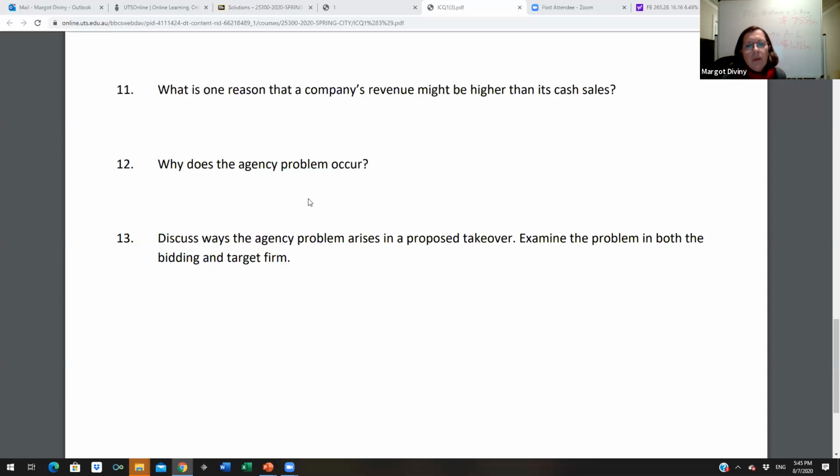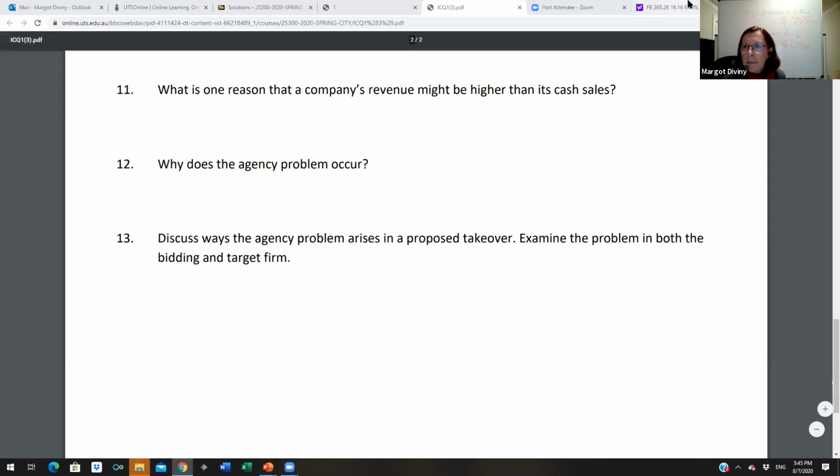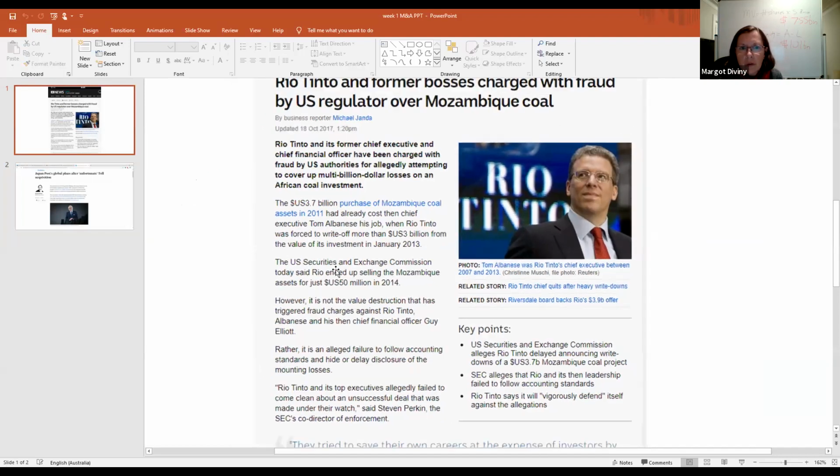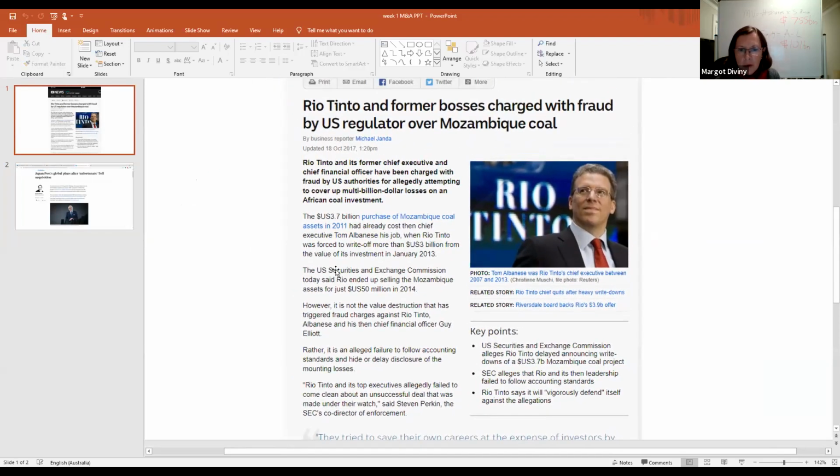Before I ask you to answer the last question, I just want to show you these two examples of some cases that happened in the last few years in Australia. Hopefully you can see that, one about Rio Tinto. So just have a read of that, and then I'll show you the one on the next screen, and that might give you some ideas to answer the last question.